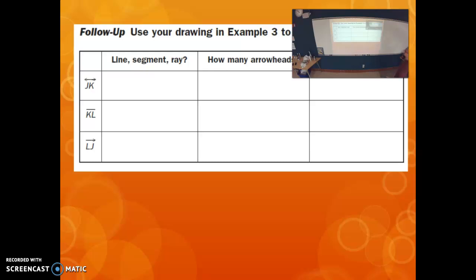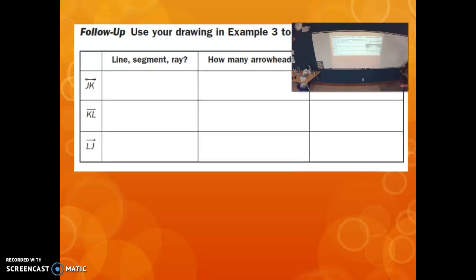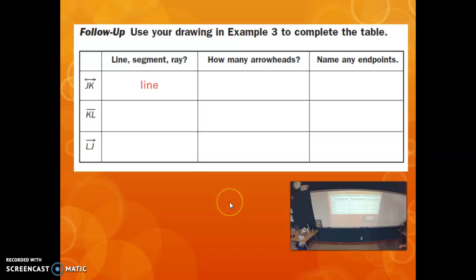We're going to skip over this for now. Okay, we're just going to take a look at these. JK, we know this is a line because we see this symbol. It's definitely a line. Lines have two arrowheads, and we don't have any endpoints because lines don't have endpoints. They shoot on forever. KL, looking at that symbol, we see that that is a segment because we have no arrows, which means we have both endpoints K and L, where it ends.